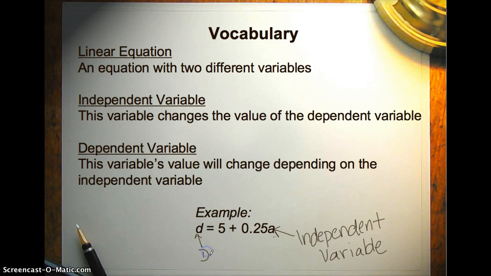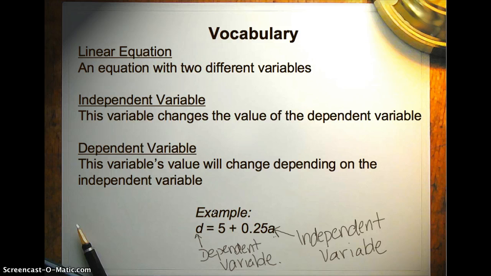This is the dependent variable. Make sure you write this down. This value will change depending on what this value is. So you have to be able to identify which one is the independent and which is the dependent.